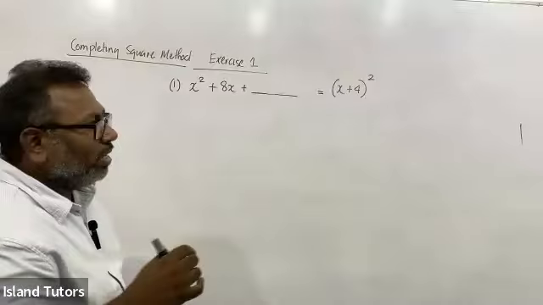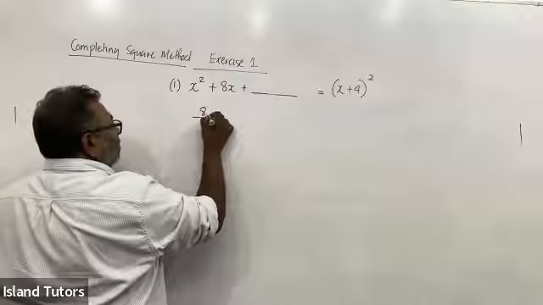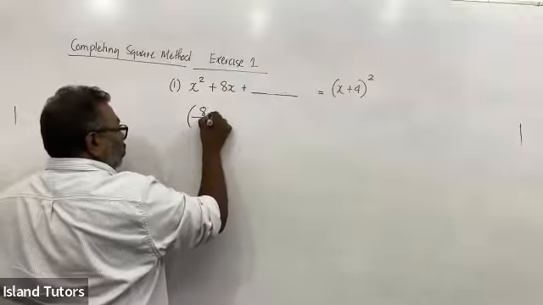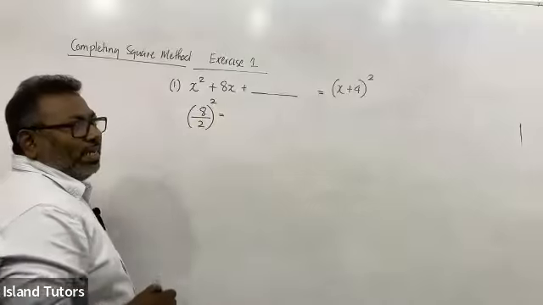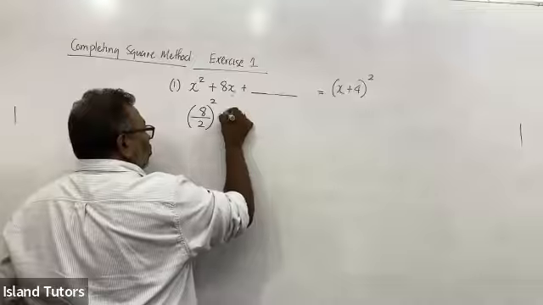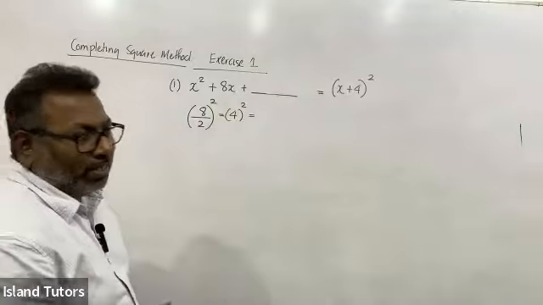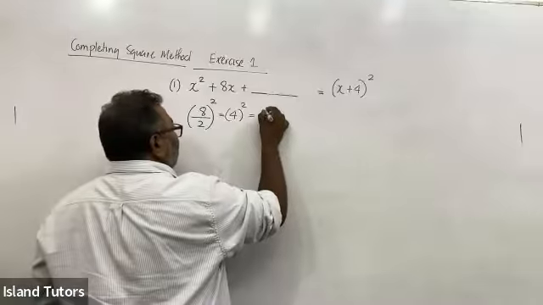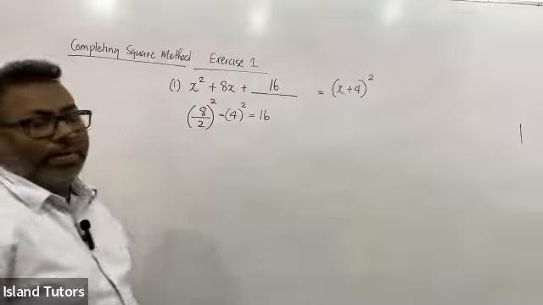I take the middle term, that is 8, divided by 2, whole thing squared. So 8 divided by 2 is how much? 4. 4 squared is how much? 16. This will come over here.